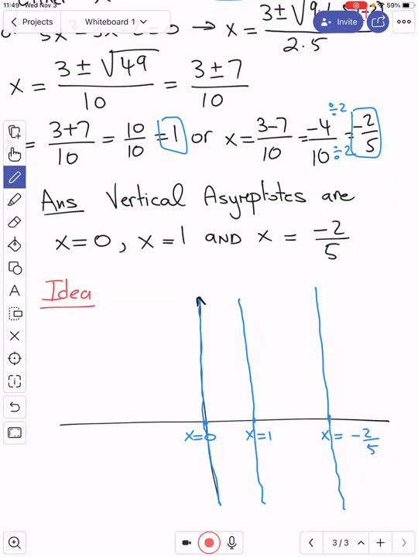So these lines are going to be vertical asymptotes. It means that the graph is going to be as close as we want to these lines, but it doesn't intersect these lines, right? So you're going to have something like this here. Your graph is going to be as close as you want to this line, but it never touches the vertical asymptote. Same thing right here, both sides, of course.